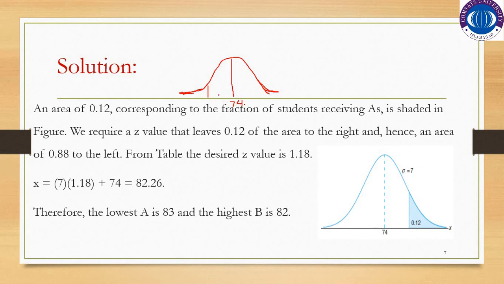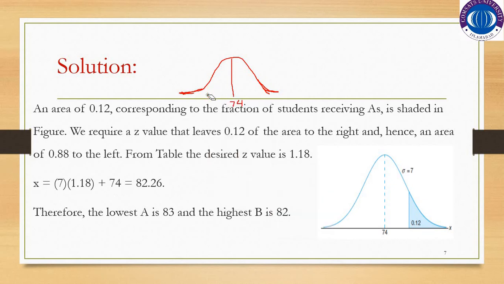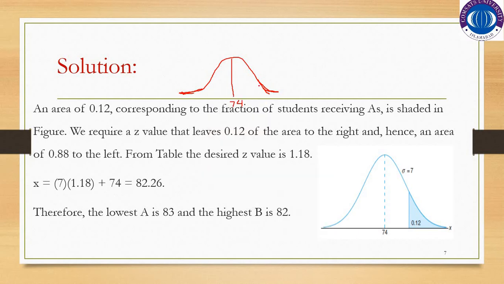Here we have the marks below 74. So this is the average marks, and an A grade cannot be below the average marks. So this could not be the situation. Obviously the 0.12 area will be located here, at the upper end.